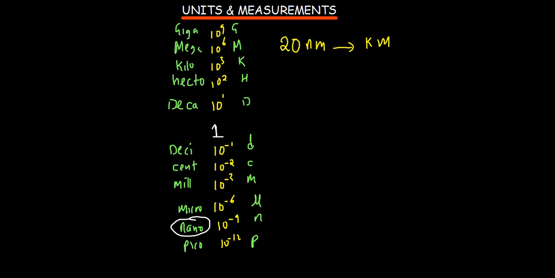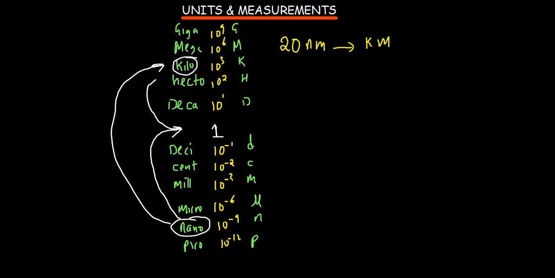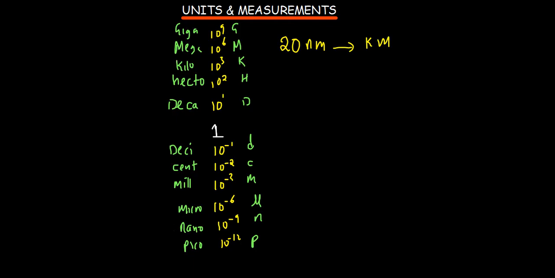We are going to kilo, which is on the positives. So you can't go direct like this. Of course, you can, but if you don't want to be confused, the first thing that you do is convert the nano to the standard. After you convert from this to the standard, you can now convert to a kilo. If you do this, trust me, these conversions will be the simplest thing for you.